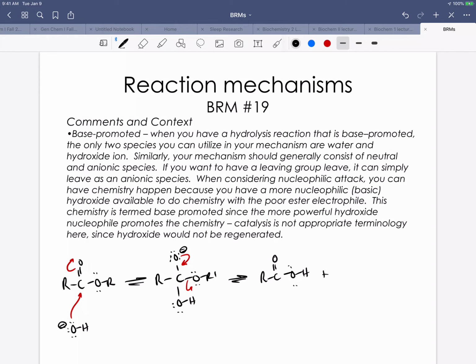The last little piece that we would probably wrap up with here is to consider the fact that these two probably aren't in appropriate protonation states given that we know that the environment is basic. Probably not basic enough to fully deprotonate our alcohol, but certainly basic enough to deprotonate our carboxylic acid here. So deprotonation chemistry.